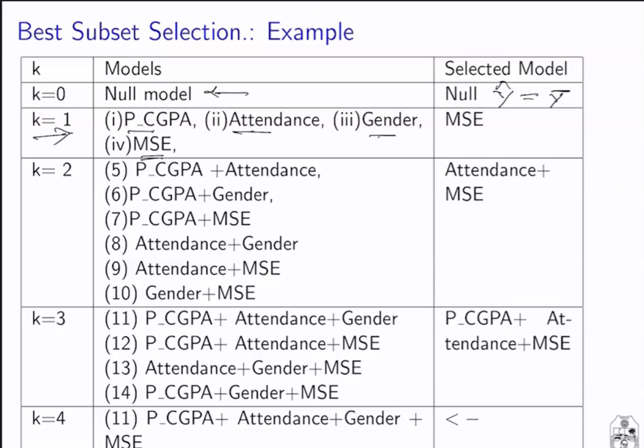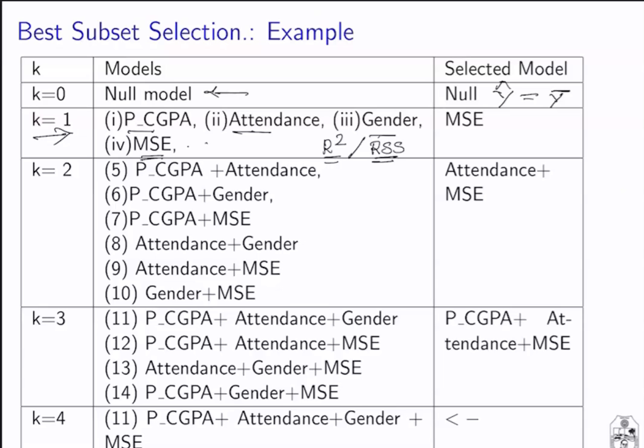Now you have four models. Out of these four models, you need to select only one model, and the criteria that you are going to use here is either R square or RSS, residual sum of squares. You are going to select the model having the smallest RSS or the largest R square.